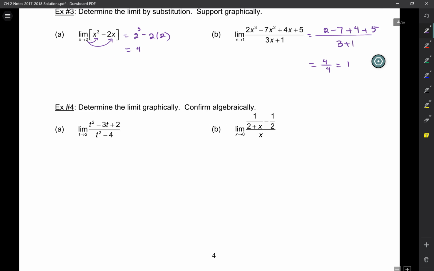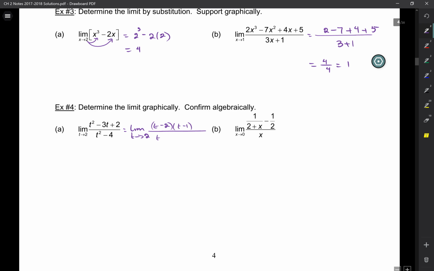So here are some rational functions. We're going to plug them in. 2 into t, we get 2 squared minus 3 minus whatever. What do you get on the bottom? 0. That's not cool. So now to answer your question, what happens? Well, we're going to have to simplify. This is the limit as t approaches 2 of, let's factor the top, t minus 2, t minus 1.